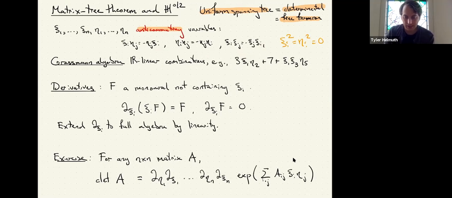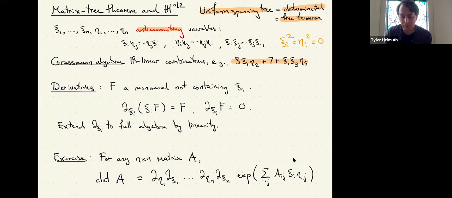Okay, so these are just some symbols, and I've said they have to satisfy this relation. And what you can do then is form the algebra that satisfies these relations. It's called a Grassmann algebra. All it means is that you look at linear combinations of products of these generators where the coefficients are real numbers.